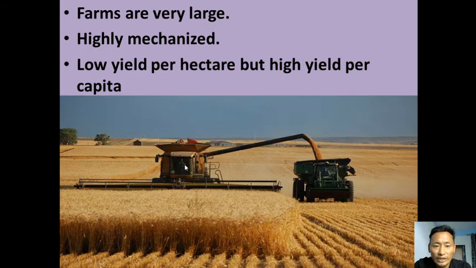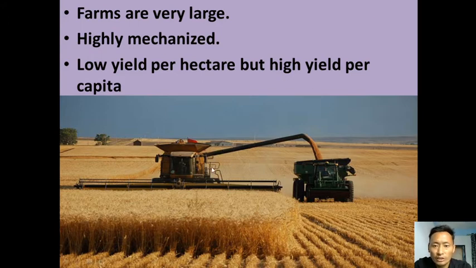Capita means per head. If we look at the image here, two men are driving. One is driving the multiple harvesting machine, and another one is driving the tractor. These two machines are capable of doing the workload of 50 people.